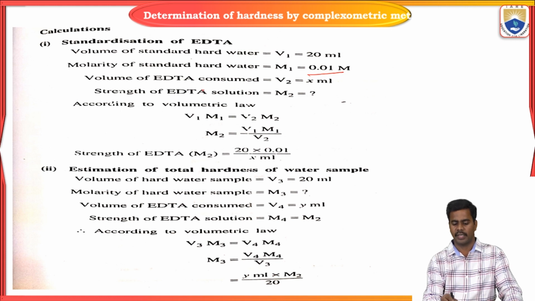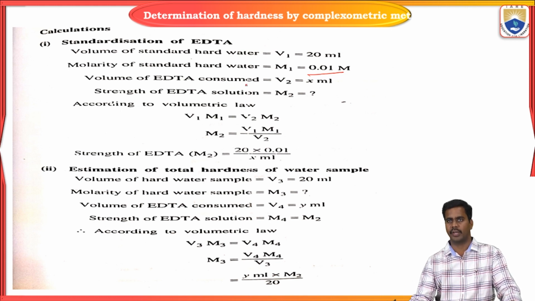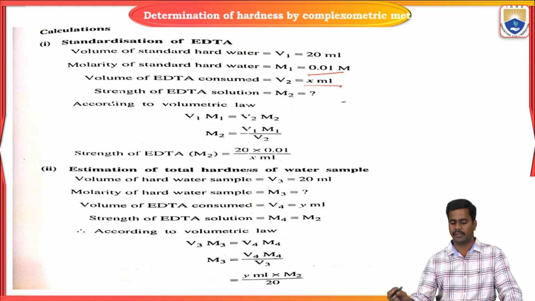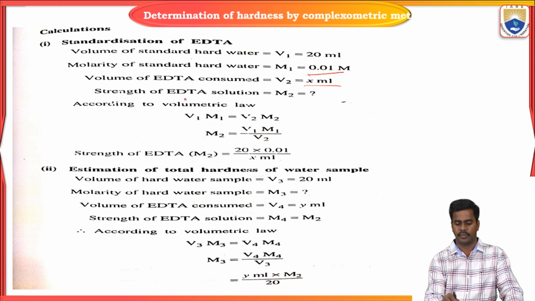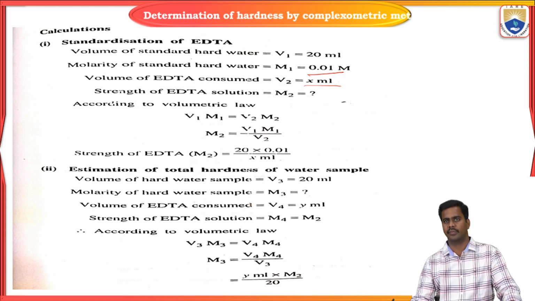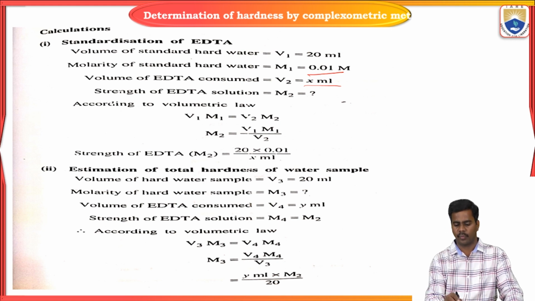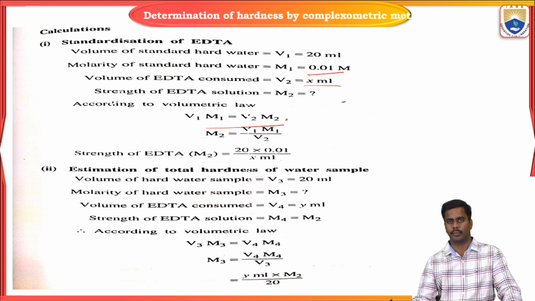Next, the volume of EDTA, unknown, at the end point of the titration, V2, let us consider X ml. Next, M2, the strength of the EDTA solution, we have to find out. So according to the volumetric law, V1 M1 is equal to V2 M2.